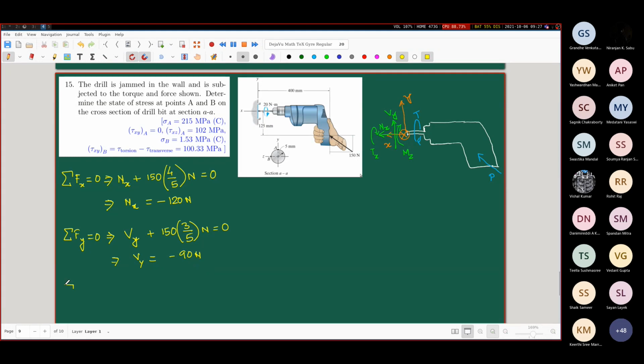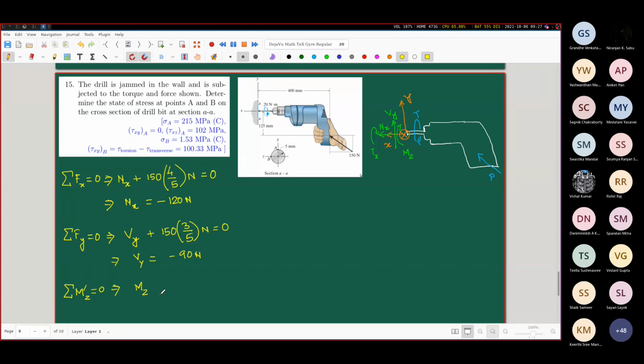Next, moment balance about the z axis. Because I have considered this unknown variable Mz with that notation, I will write that with an M dash, just to separate out the two things, so that there is no confusion. So the moment balance about the z-axis will give me what? First of all, Mz itself.